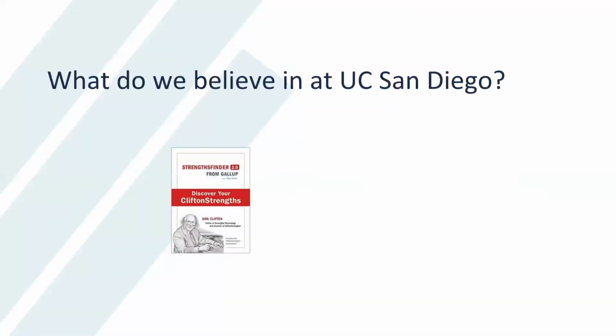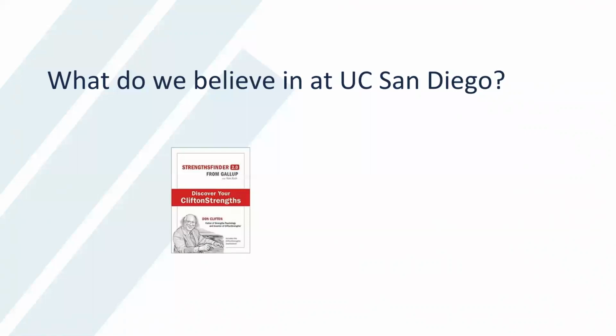Okay, so nobody asked, but for me personally, for my leadership style, I wanted to bring in 2 other tools that are not talked about here, but that we actually do believe in at UC San Diego. The one is Clifton Strengths.